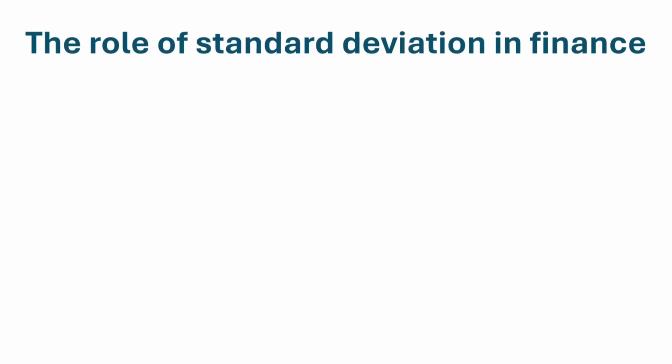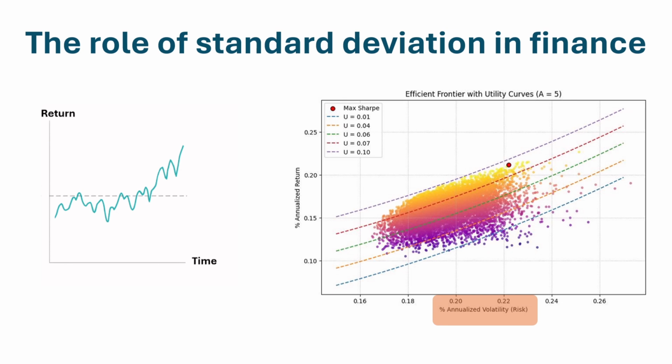So far, we saw how standard deviation shows the volatility of the data. But the important point is that this number is not just a statistical concept. It is the core of risk management in finance. In the world of investing, when we talk about risk, we are actually measuring this same standard deviation of returns. In all classic finance charts, such as the risk-return chart, the horizontal axis is exactly standard deviation.